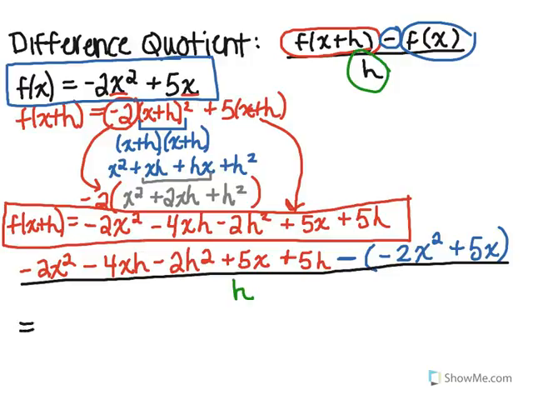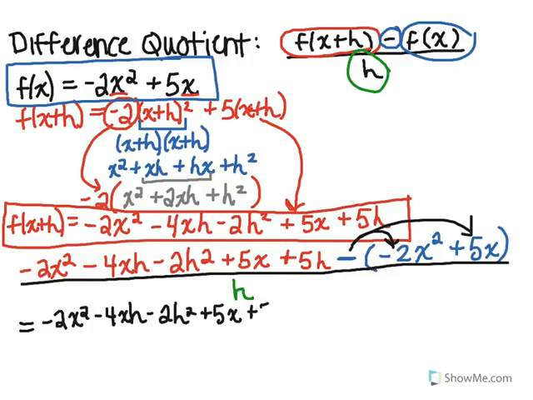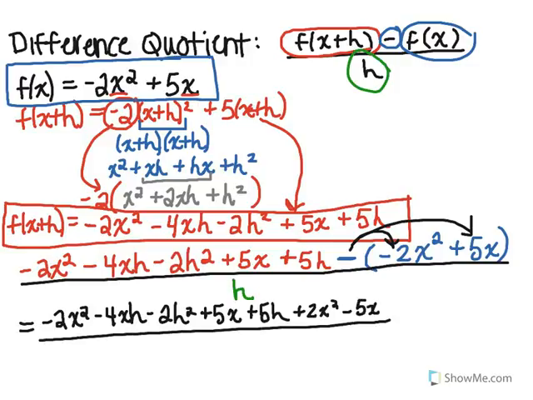So to simplify from here, what I first will want to do is distribute that negative. So the negative will get distributed to both pieces of the f of x. There is a lot to write. I'm just going to have to rewrite most of this stuff first, and then we'll do some canceling. So when I distribute, we get plus 2x squared minus 5x all over h.